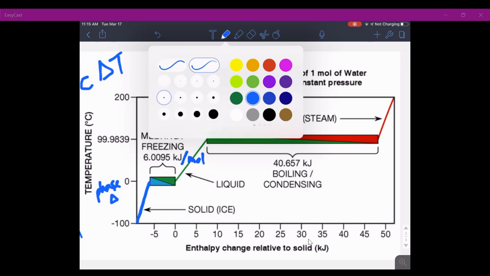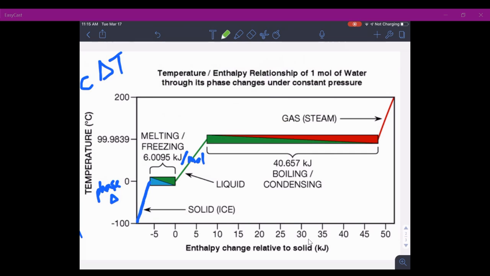Then, as we keep adding energy, once we've added enough kilojoules that every mole of solid ice has changed state to liquid, our temperature starts changing again. Our temperature keeps changing until we hit, let's make it easy, 100 degrees Celsius.